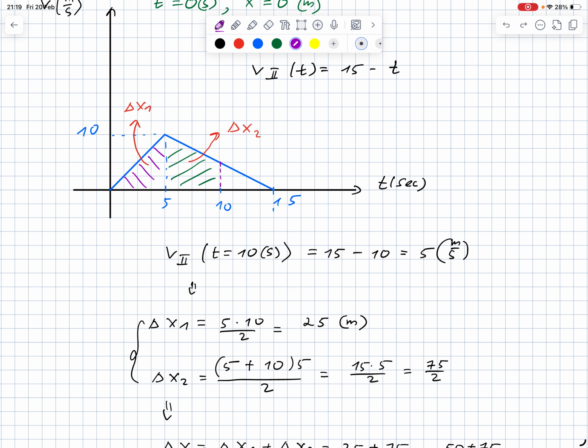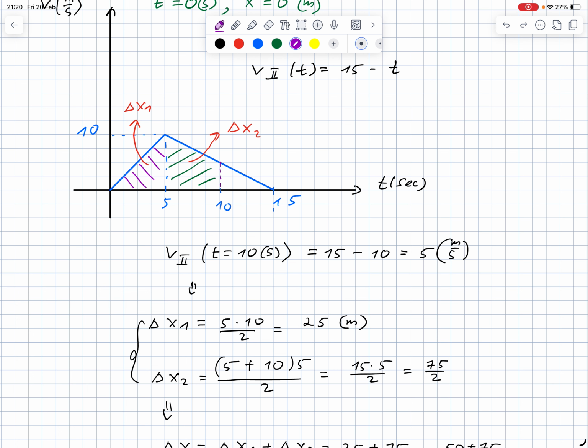Now let's calculate the second area, which is the area of the trapezoid. First base is 5, the second base is 10, times the height, which is this value 5. We get this by subtracting 5 from 10. We have 5 here, and also divided by 2.